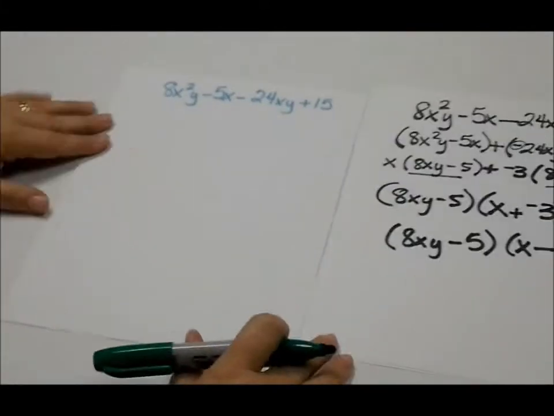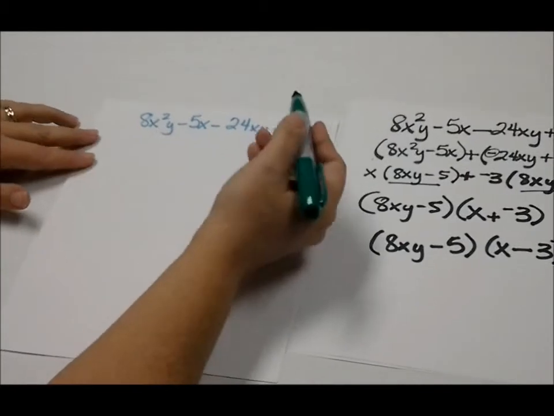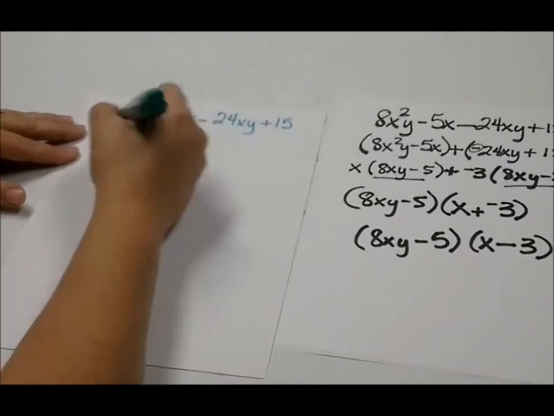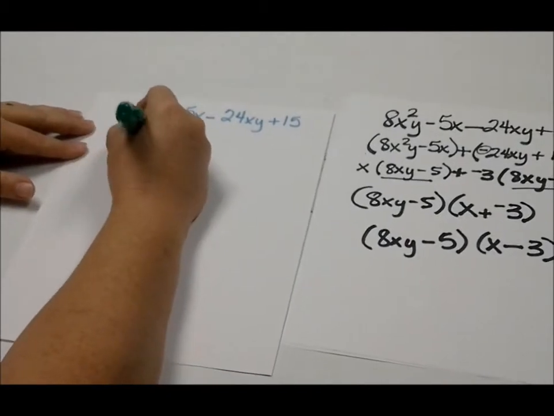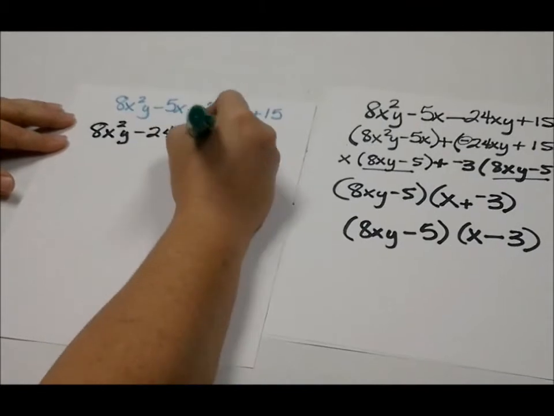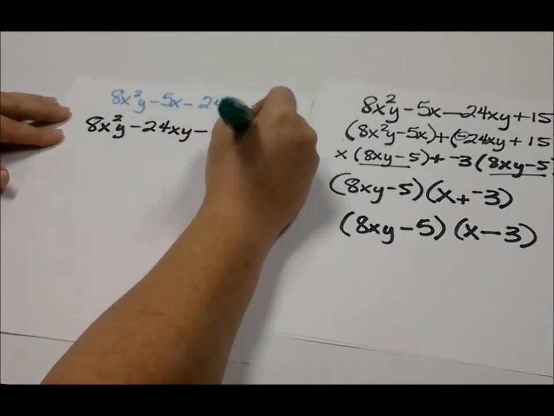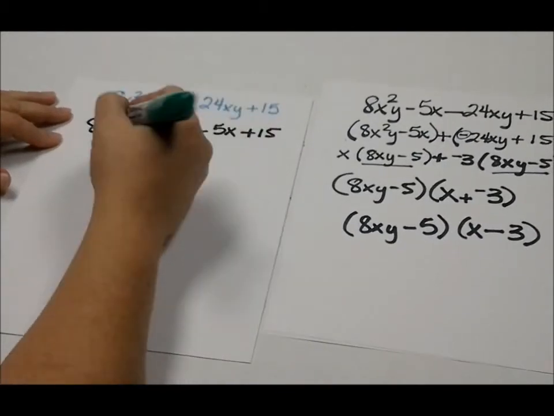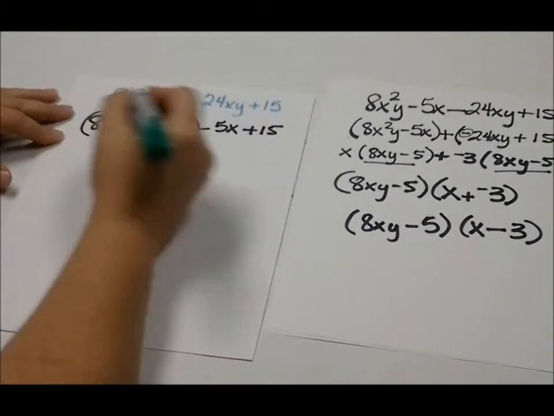Now, the nice thing about grouping is I could have changed the order of this and taken 8x squared y minus 24xy minus 5x plus 15. And I can go through the same process with my students in a different manner.